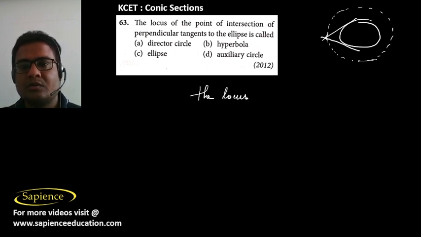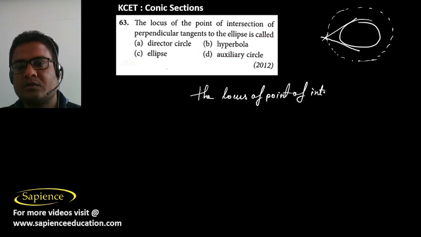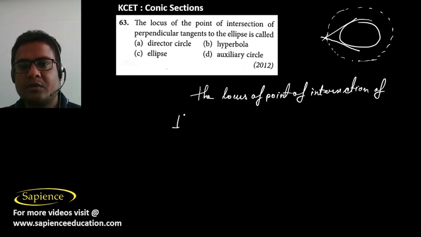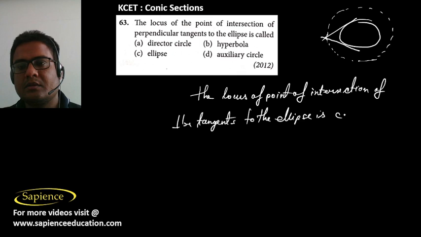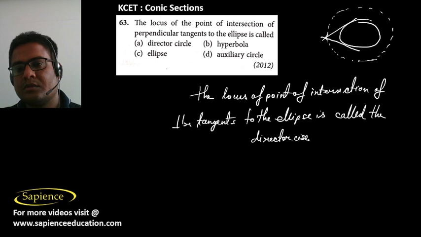So the locus of the point of intersection of perpendicular tangents to the ellipse is called the director circle of the ellipse.